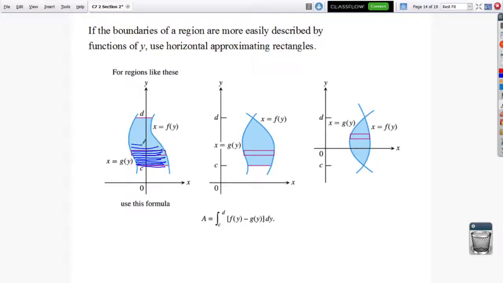Notice that now we just have sideways rectangles that we're coloring in. It's still the same kind of idea. We still want to do dominant minus non-dominant in our integral, but now we want our lower limit and upper limit to be in terms of y instead of x.